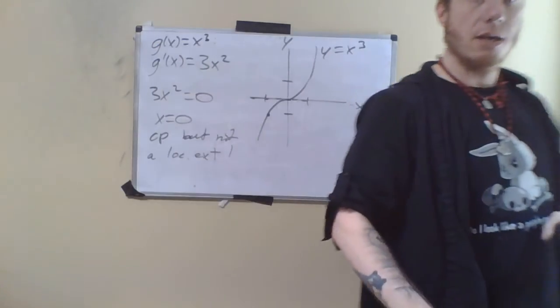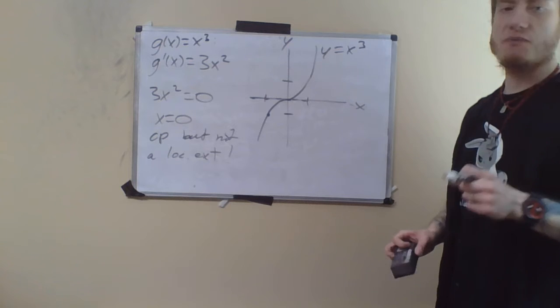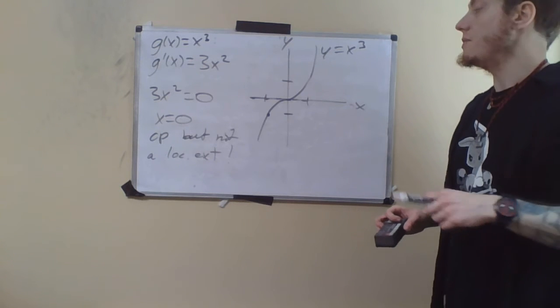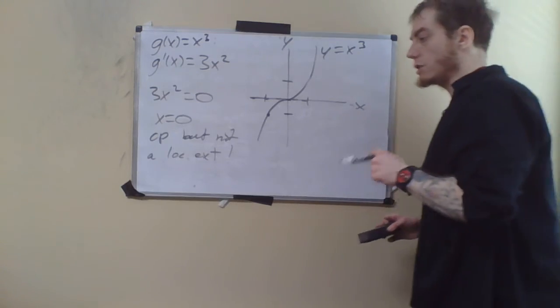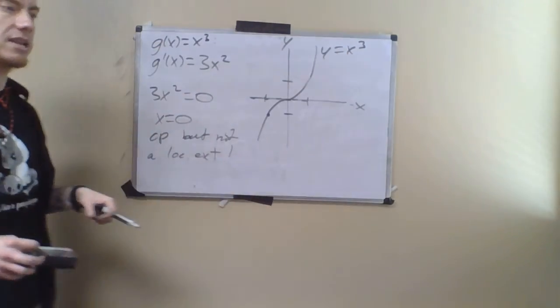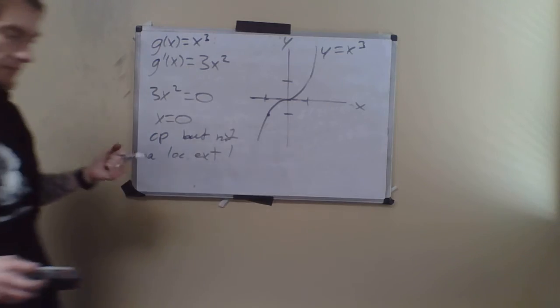Now, the nice thing though is that if you want to find all of your local extrema, then all you've got to do is find your critical points, and then you test each critical point to see whether it is a local extremum or not.